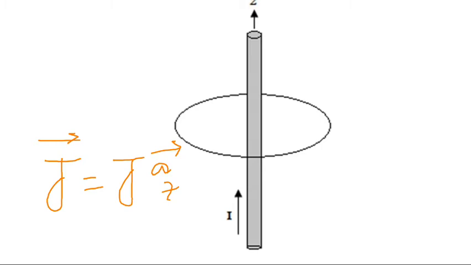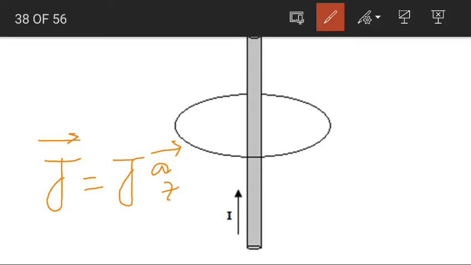Similarly, the unit vector which is normal to the cross-sectional area of this conductor is Az as well.